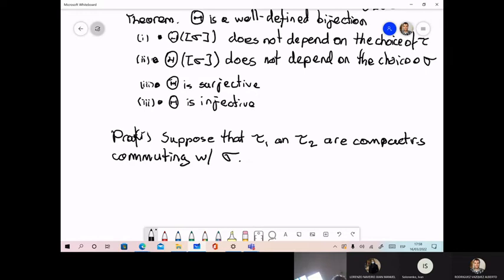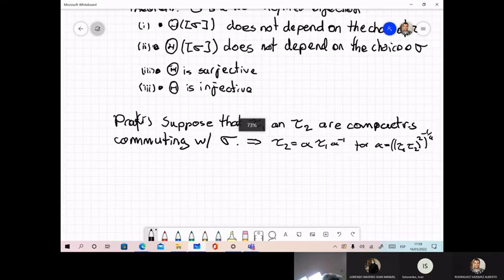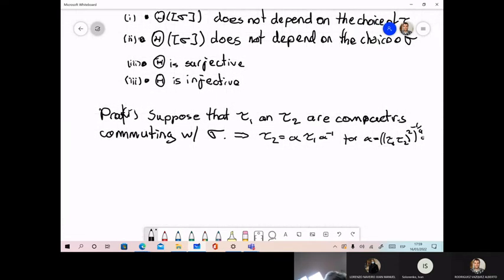As they are compact real structures, they must be conjugated by an inner automorphism. And we can write tau2 equals alpha tau1 alpha minus 1, where alpha equals, let me check here, probably tau1 tau2 squared to the minus 1/4. Okay, and this is an inner automorphism.